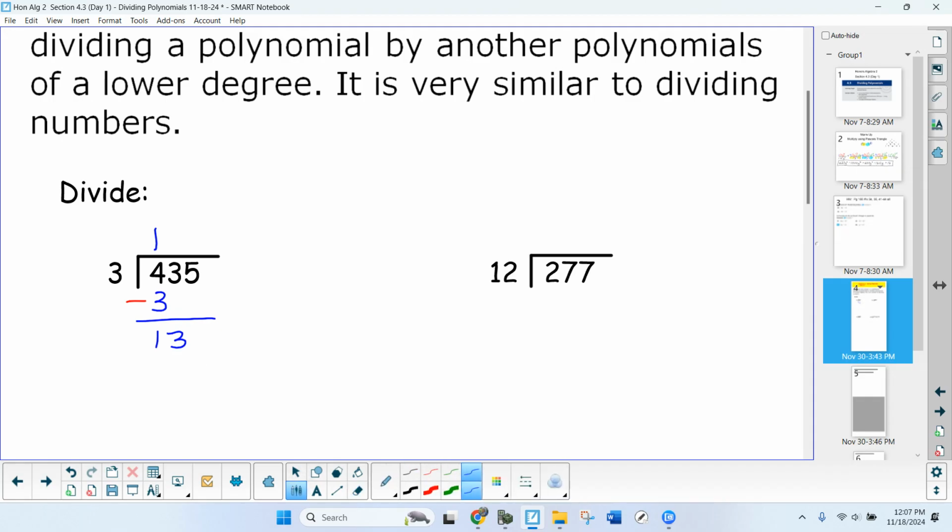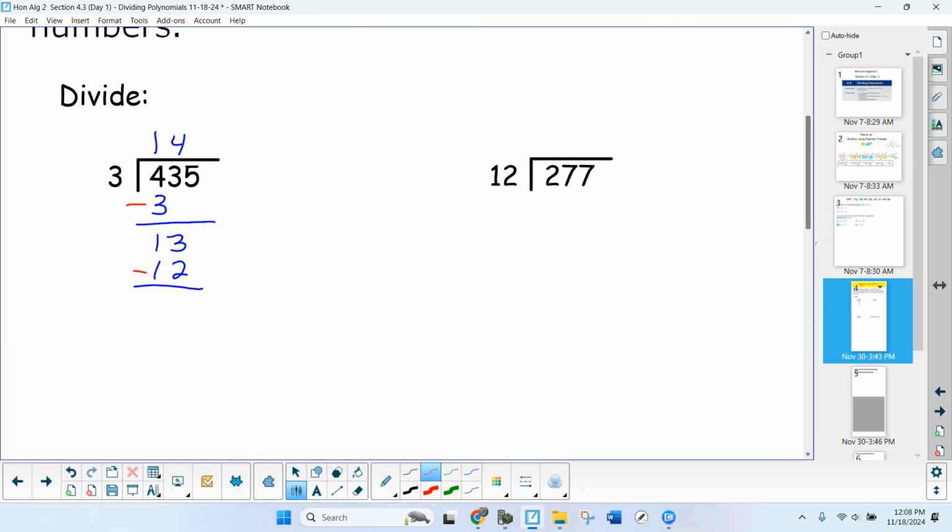Now, how many times does 3 go into 13? 4. And now what math do I do here? Again, you multiply. 4 times 3, which is 12. And now I subtract. And what's 13 minus 12? 1. Bring down the 5.